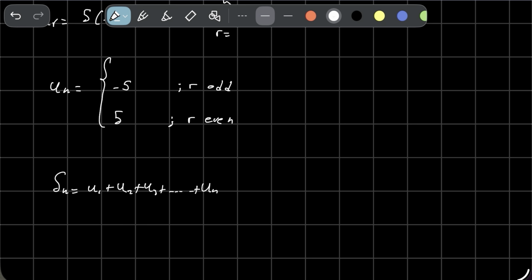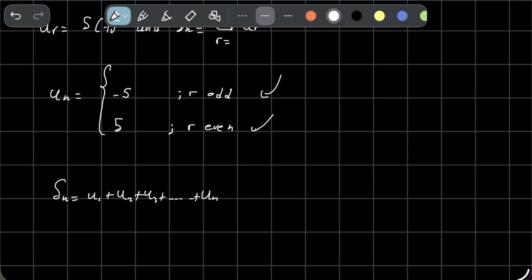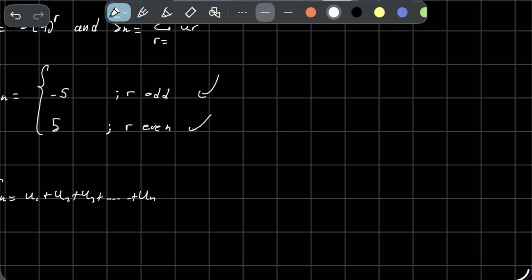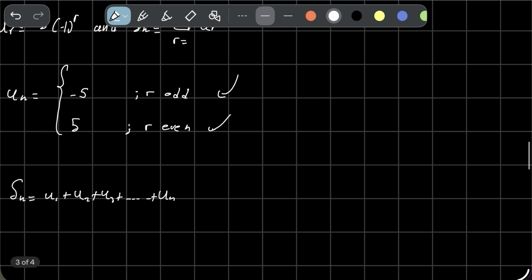okay, if you notice something here, for the natural numbers, it's odd, even, odd, even, and so on. So for each pair, the sum will be 0. Let's say we want S4.